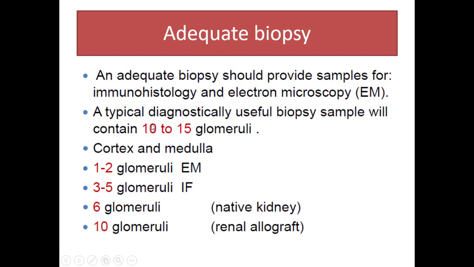A typical diagnostically useful biopsy sample will contain 10 to 15 glomeruli, cortex and medulla: 1 or 2 glomeruli for the electron microscope, 3 to 5 glomeruli for the immunofluorescence, 6 glomeruli for the light microscopy, and 10 glomeruli if the biopsy is from a renal transplant kidney, not a native kidney.